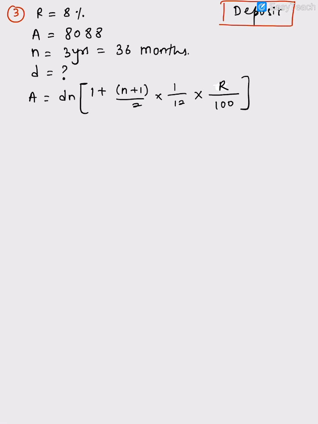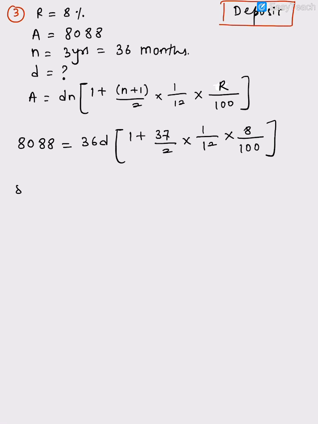This is just the formula. Now, what is the amount here? 8088 is equal to D into N, so 36D in brackets 1 plus 37 upon 2 into 1 by 12 into R upon 100.